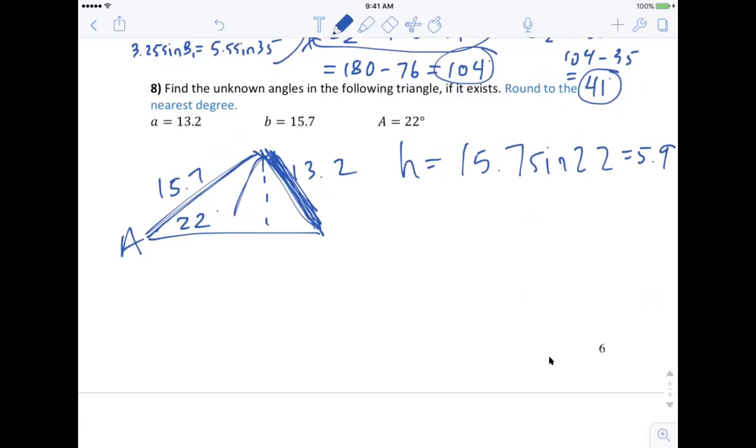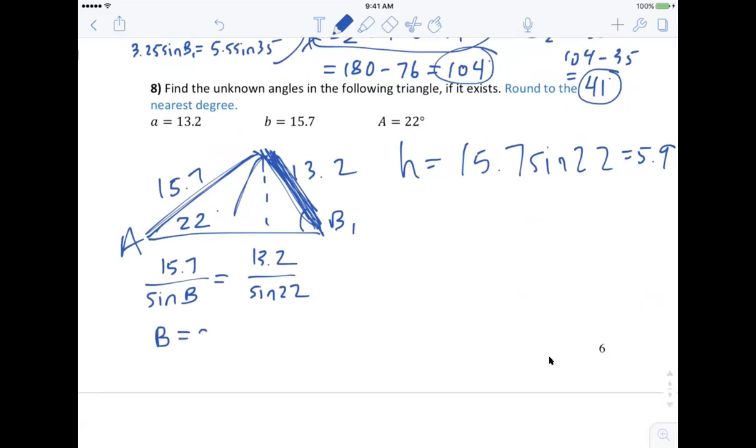I'll go through this a little bit faster. I'm finding this B sub 1. Right, we're doing 15.7 over the sine of B equals 13.2 over the sine 22. Cross multiply, divide by the 13.2 and take the sine inverse.